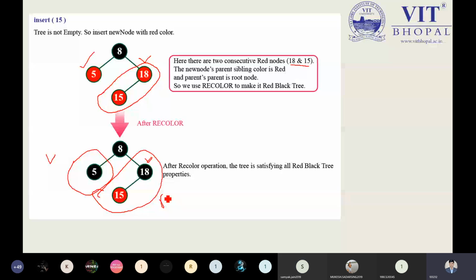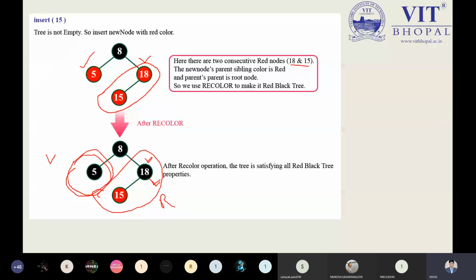So 18 is the root node of 15, so definitely it would be black as per the property of the red black tree. And 5 itself is a part of the left subtree, so 5 is itself a root node, so it should be black. Yes, sir. So after inserting 15, this concept is clear to all.